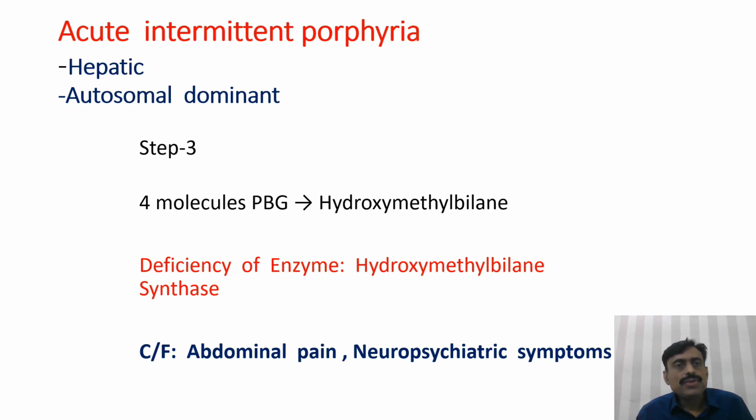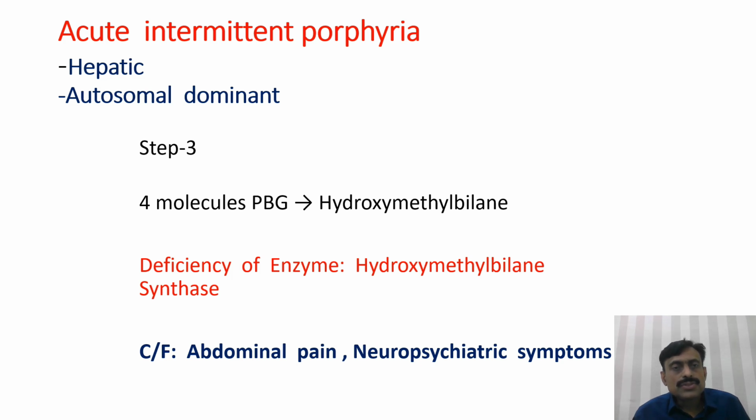Now we are discussing the third important type of porphyria, acute intermittent porphyria. It is again a hepatic type of porphyria, and it is an autosomal dominant condition. We have seen two previous porphyrias that were autosomal recessive, but this porphyria is autosomal dominant. It occurs due to deficiency of the enzyme hydroxymethylbilane synthase, which is required in the third step of heme biosynthesis.